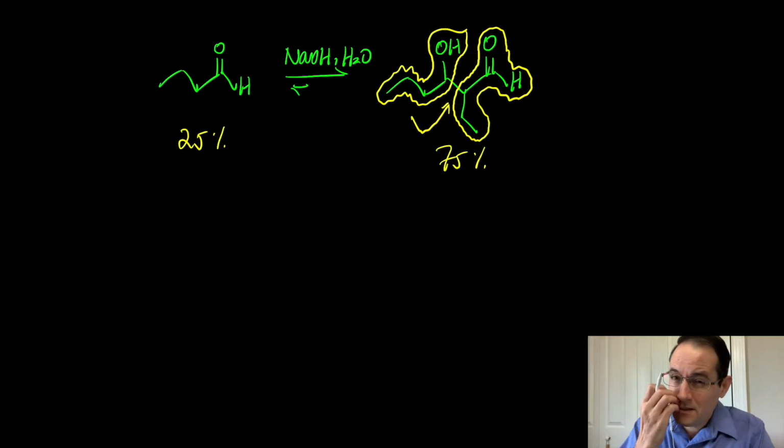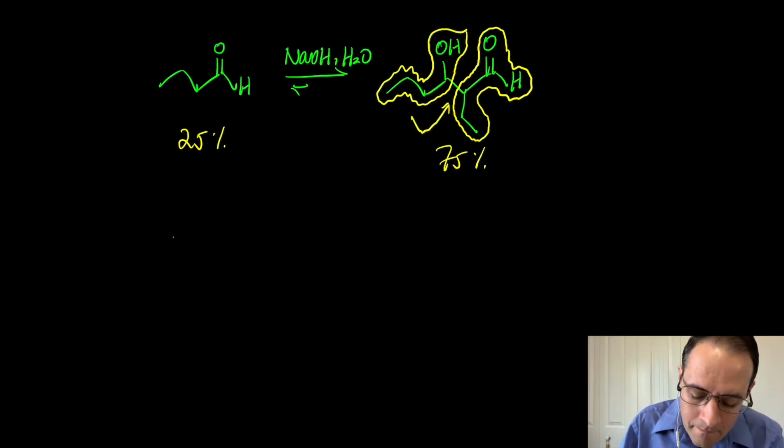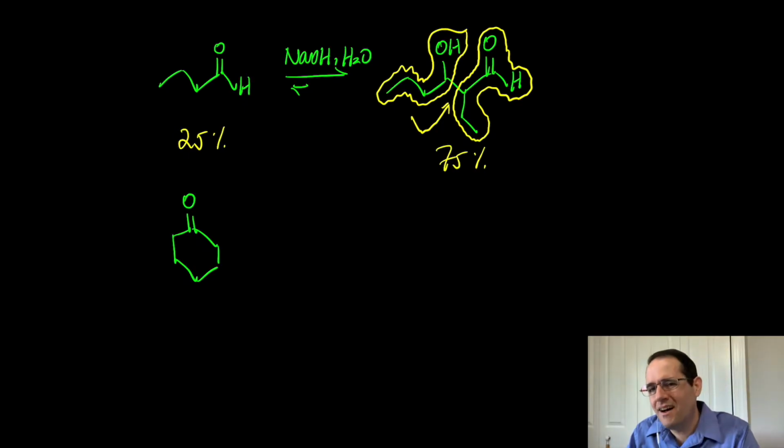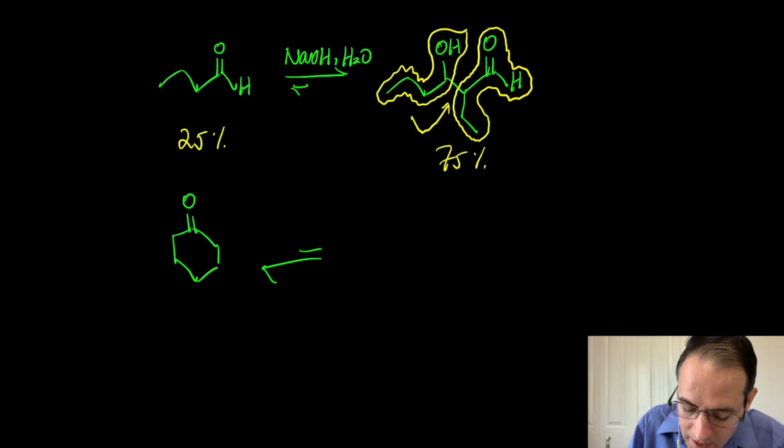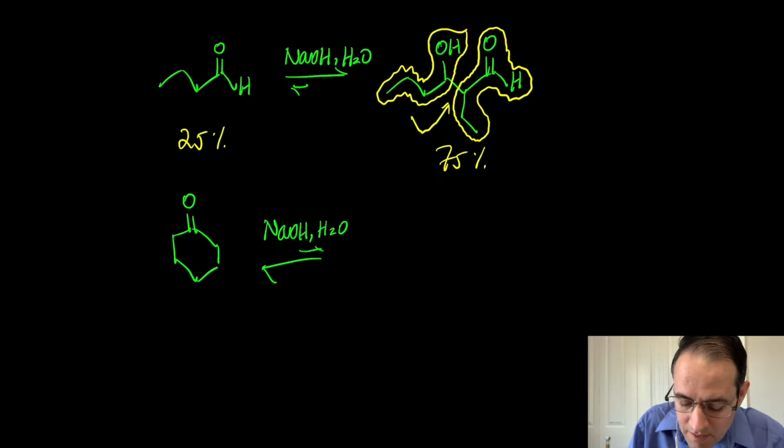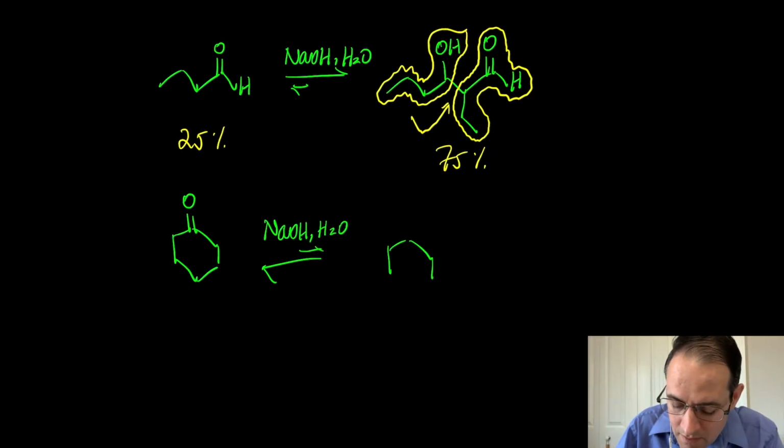If we look at cyclohexanone, it is not an aldehyde, but ketones undergo the aldol condensation as well. When you react it with sodium hydroxide and water, you form a carbon-carbon bond.